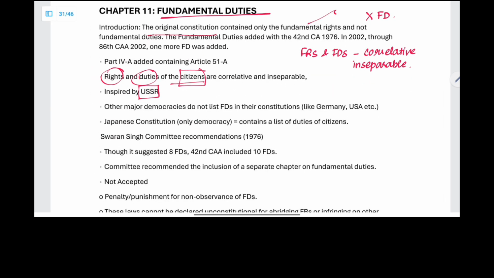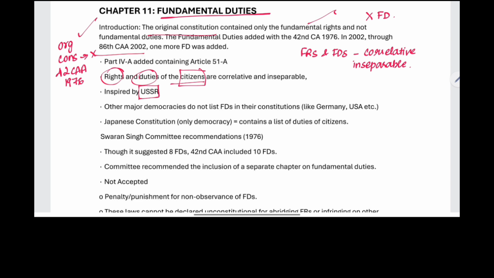The original constitution did not mention anything about the fundamental duties. Only due to the 42nd Constitutional Amendment Act of 1976, they were added to our constitution.